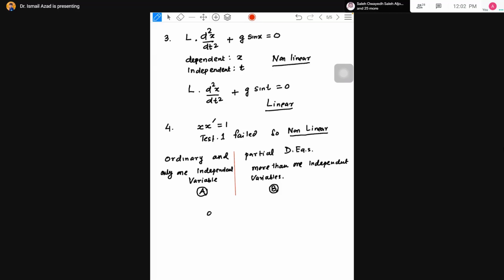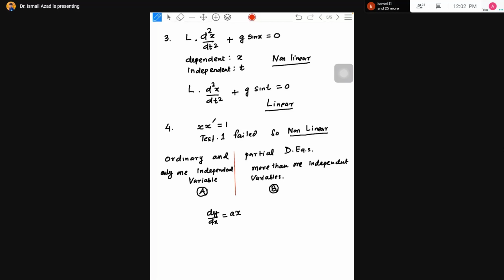So dy by dx is equal to ax. Is it ordinary or partial? You have to count the number of independent variables. How many? Two? Who are they?